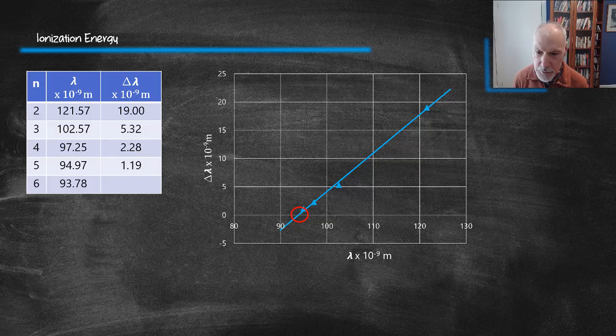This would correspond to our wavelengths of light that would be given off as an electron transitions from the convergence limit to the innermost orbit, in case of hydrogen, the first orbit, and that wavelength, 94 nanometers. I'm going to use that now to determine the ionization energy of hydrogen.